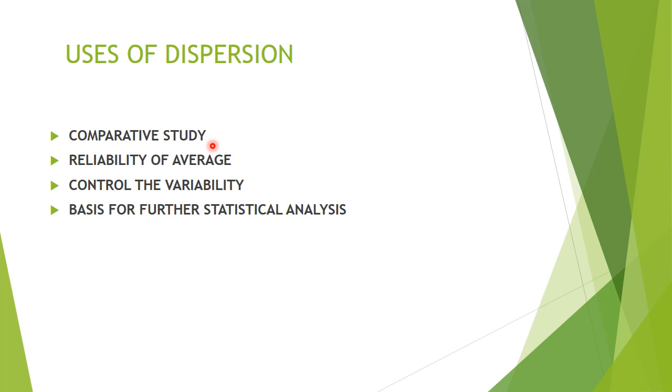Next is control of variability. Different measures of dispersion provide us data of variability from different angles, and this knowledge can be helpful in controlling the variation. Especially in the financial analysis of business and medicine, these measures of dispersion can prove very useful.